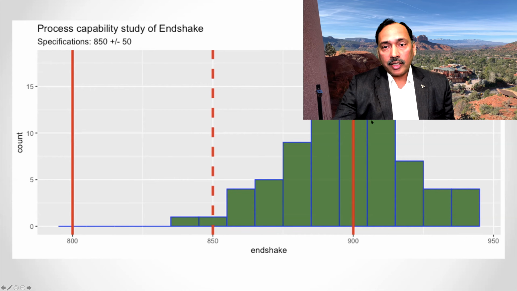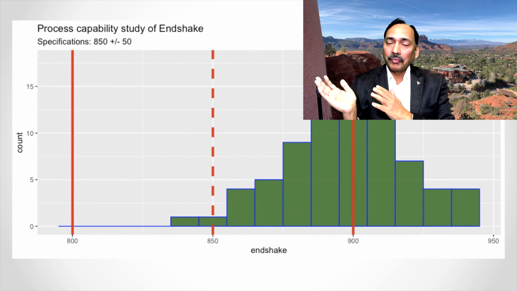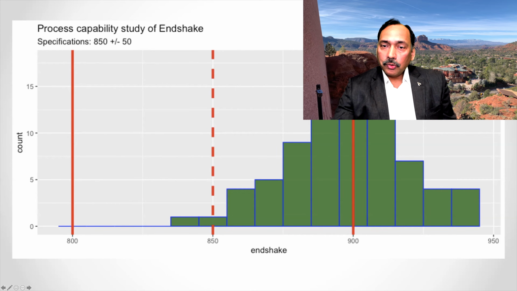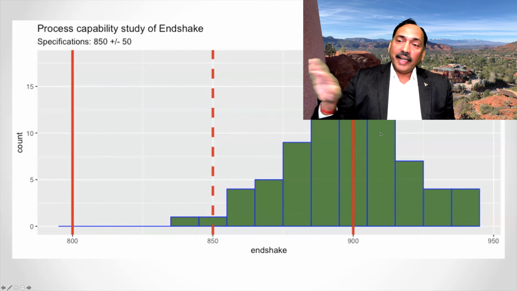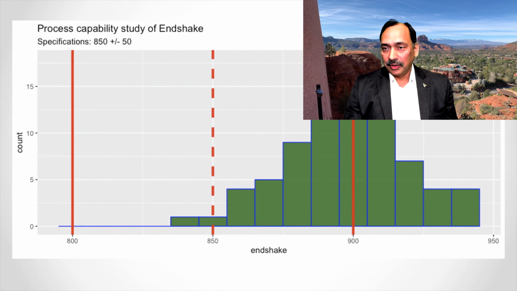Now looking at the process, we know that this is the upper limit, and the place where it is, in a way, is dividing this histogram into 50-50. So what happens to those items that are more than 900? In this manufacturing process, they have to do rework.